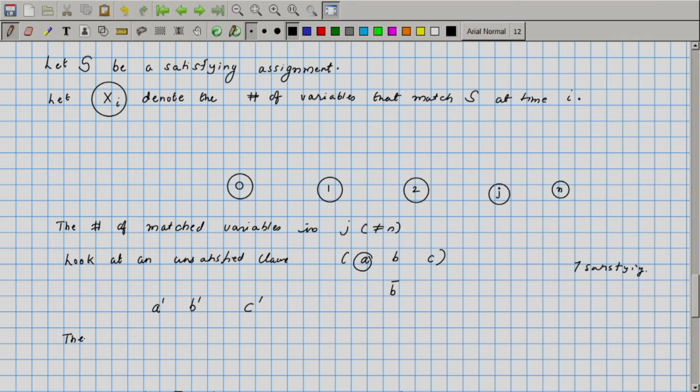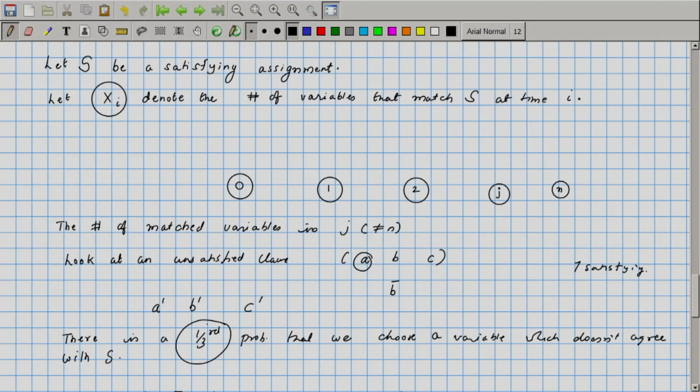So, we can say there is a 1/3 probability that we choose a variable which does not agree with S. Of course, it could be the case that all three of them disagree with S. In that case, if we randomly pick, we will with probability 1 get a variable which does not agree with S. But we can always say that at least 1/3 probability is there, because the assignment that we currently have is not matching with the assignment S on some particular clause. So, there is at least a 1/3 probability.